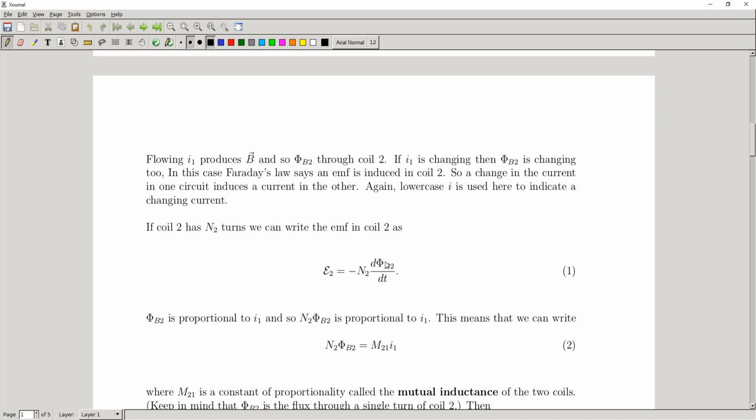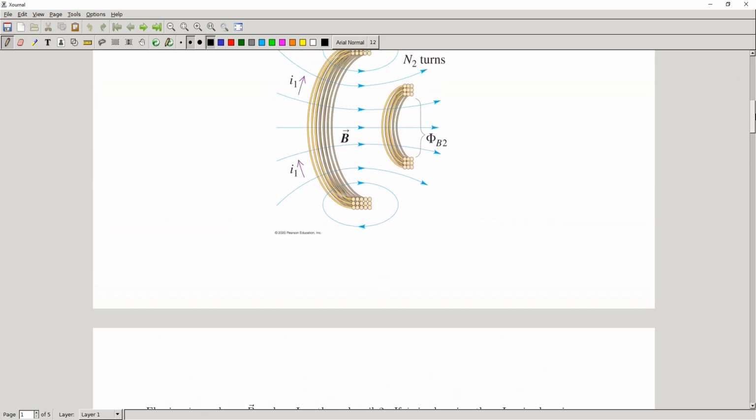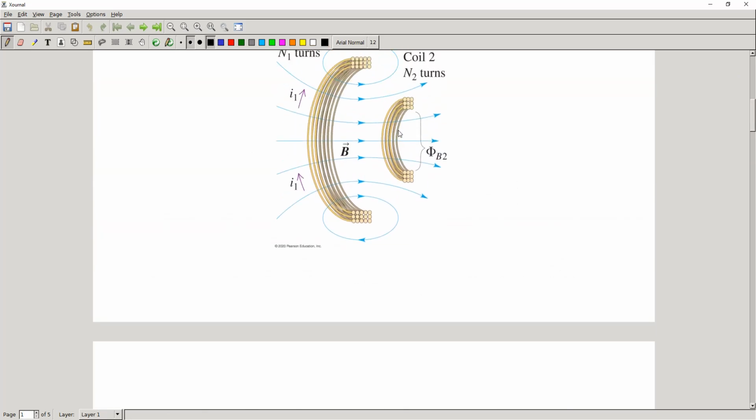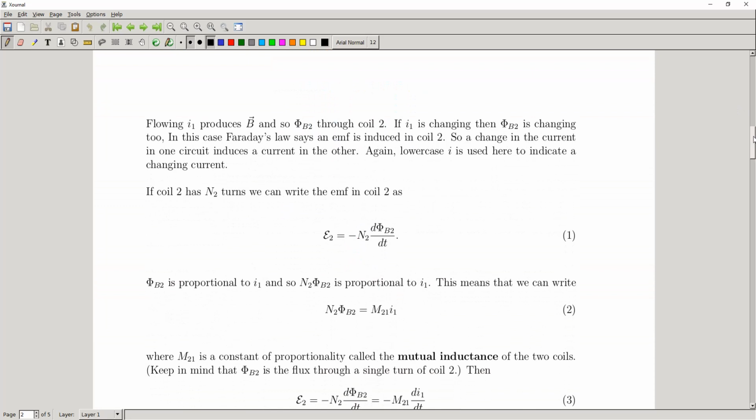If we take the time rate of change of the magnetic flux going through the second coil to be phi B2, then N times phi B2 is basically multiplying by the number of turns in our coil. So we need to take that N2 into account. So this is really the expression for the induced EMF in the second coil.